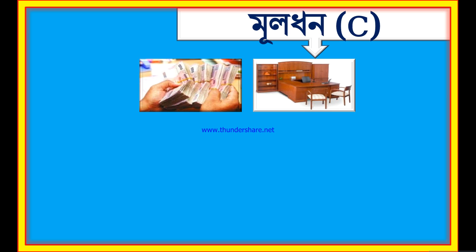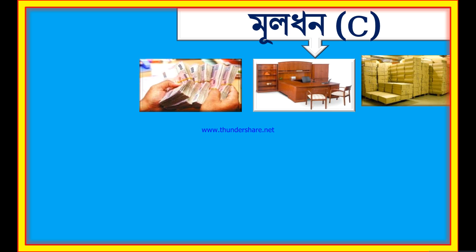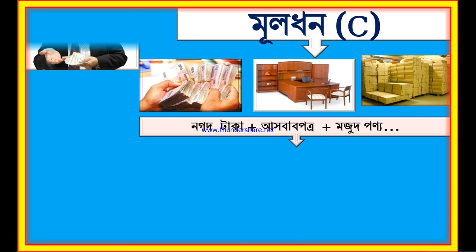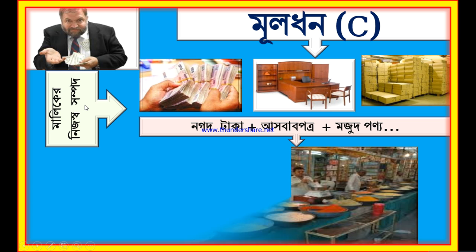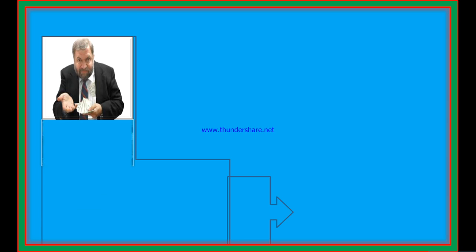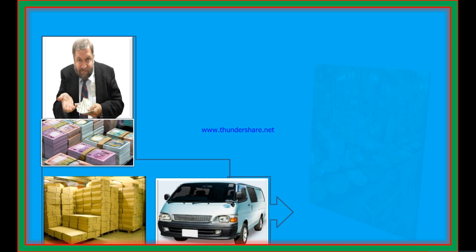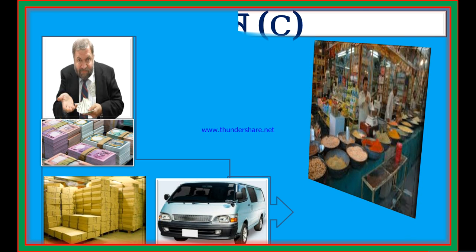So these are the examples of assets: cash, furniture, inventories. These are the own assets of the owner. Here, there are some examples in front of you.